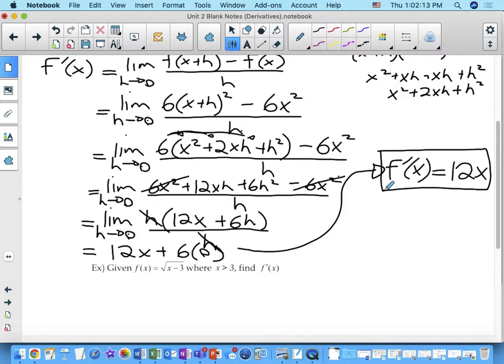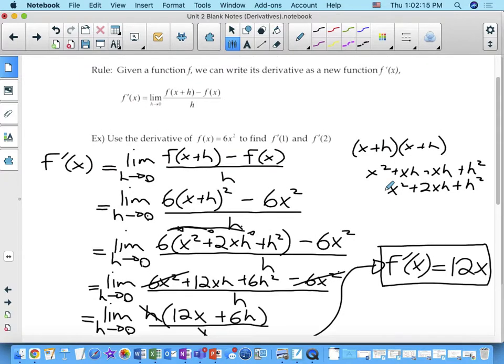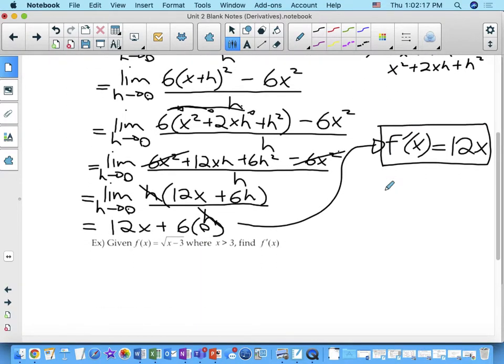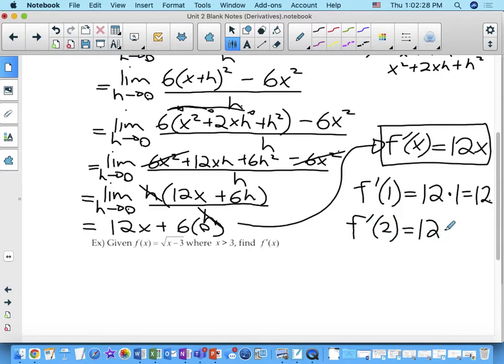Okay, so for example, which were the two that we wanted to find? f prime of 1 equals 12 times 1, which is 12. f prime of 2 is 12 times 2, which is 24. Okay, so when x equals 2, the slope of the tangent line is 24. Pretty steep. Pretty fast rate of change there.